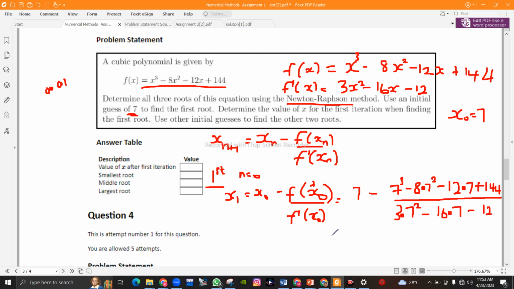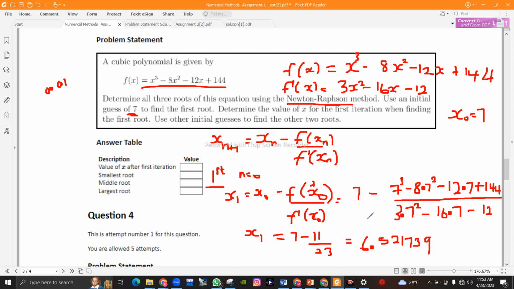If you calculate that using your calculator, you have your x1 equal to 7 minus 11 over 23, which is 6.521739. Now this is our new value.